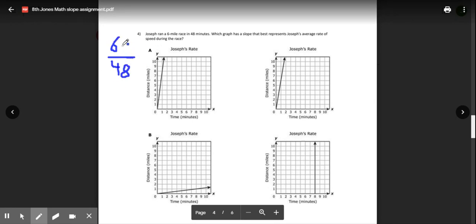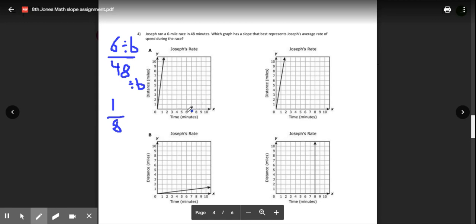So if I divide them both by 6, 6 divided by 6 will give me 1 over, and 48 divided by 6 is 8. So for every 1 mile, it's 8 minutes.